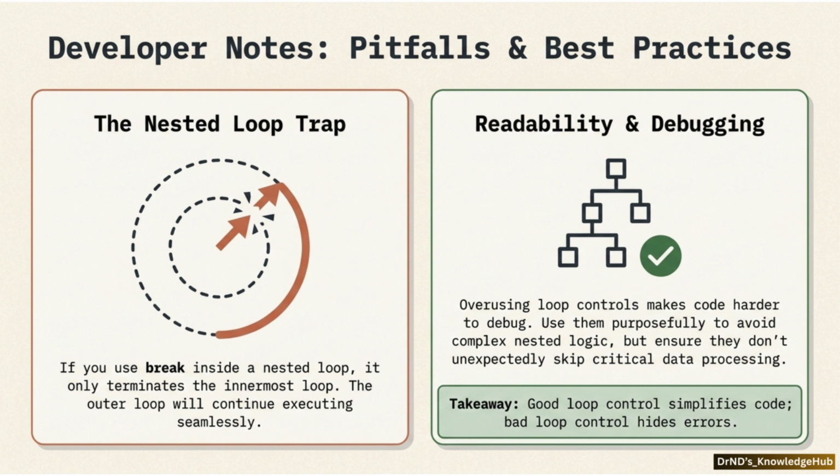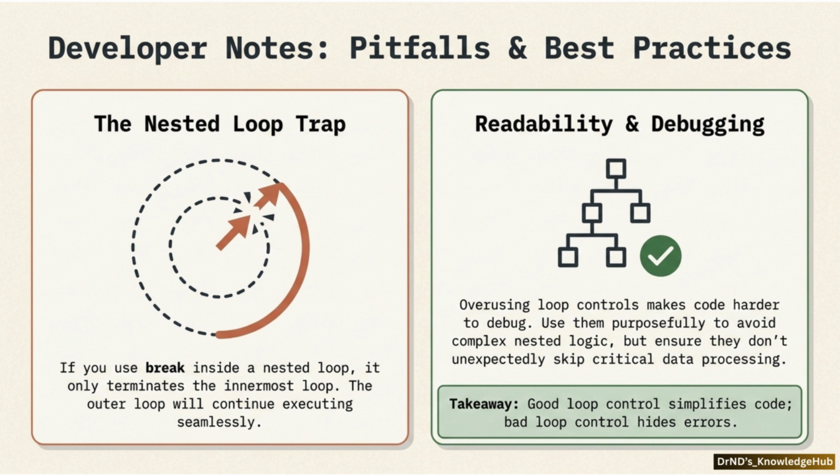Before we finish, let's discuss some best practices. If you are working with nested loops, remember that break exits only the innermost loop, not all loops. Also, avoid using too many break and continue statements because excessive use can make programs difficult to understand and debug. Always write clear, readable code.